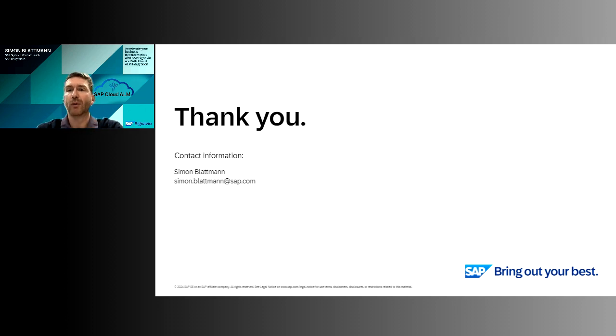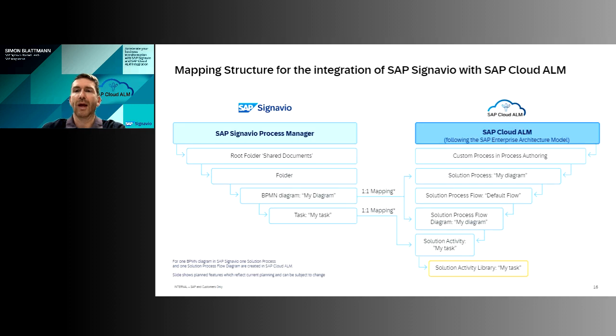We are purely focusing on the diagrams, and we will use the diagram structure to create the solution process and solution process flow diagrams. Then you have the possibility, via additional scoping and enhancing via additional artifacts and attributes in SAP Cloud ALM, to manage the solution processes for your implementation project.